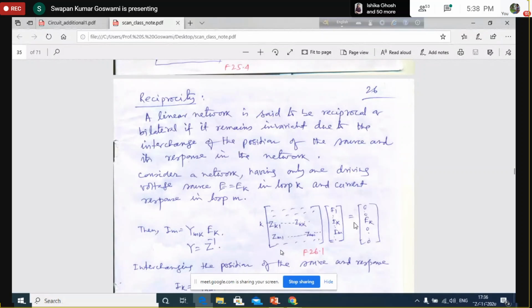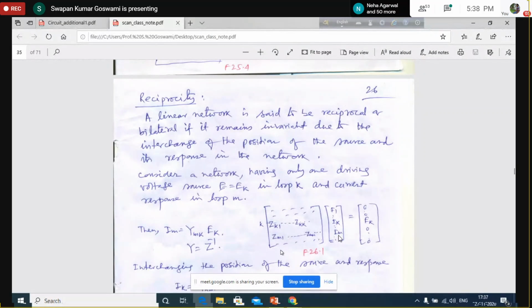Say the inverse of the loop impedance matrix is written in terms of Y. So we have Y11 to Y1N, Y1M, say, Y21, Y22. This way we can write the total loop equation.